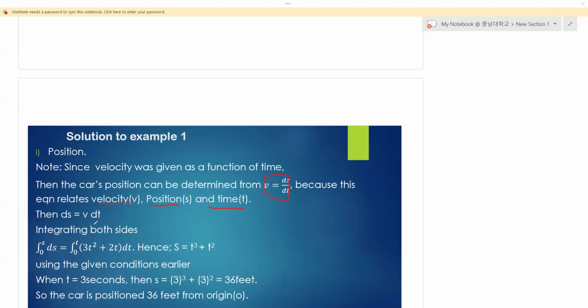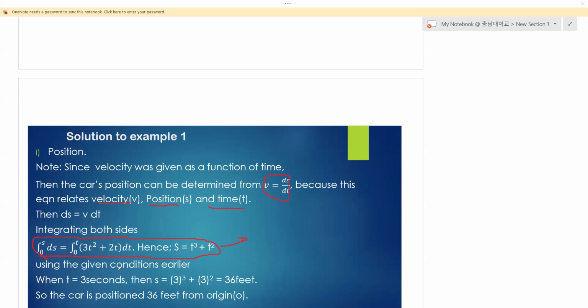I made ds the subject and then we integrated. If we integrate with respect to time, we shall have the expression s is equal to t cubed plus t squared. Before you put in t equal to 3, first of all get the expression.